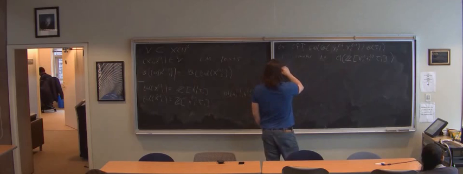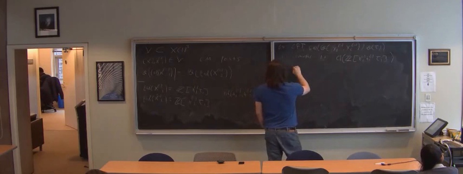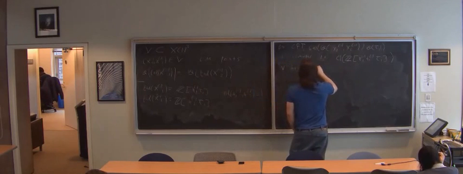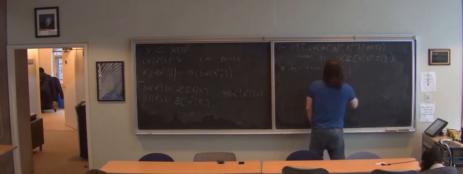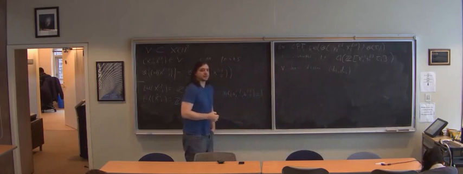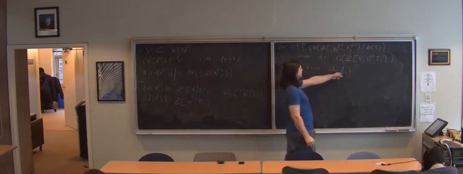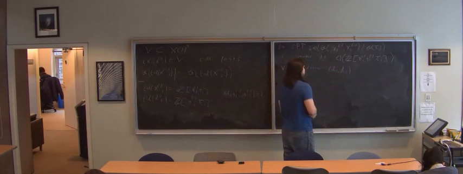Now recall V had degree d1, d2: d1 in the first variable and d2 in the second variable.